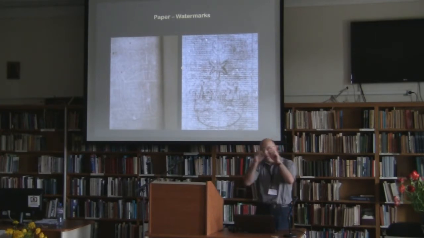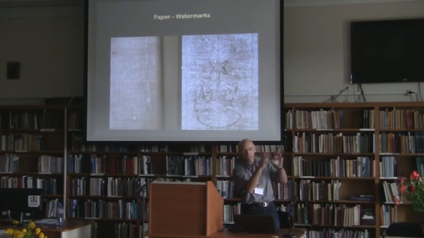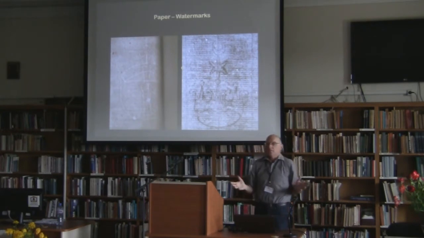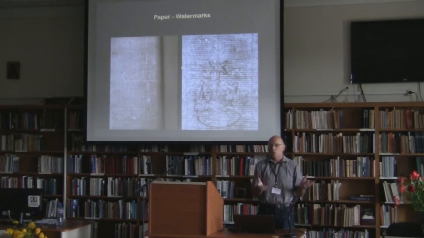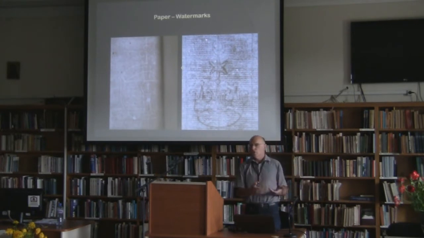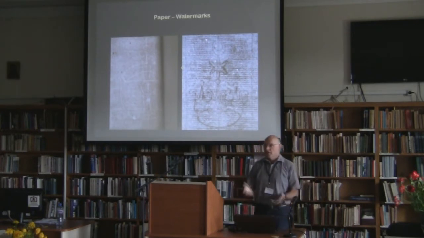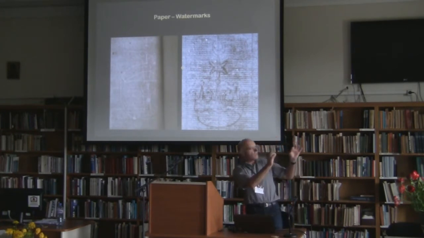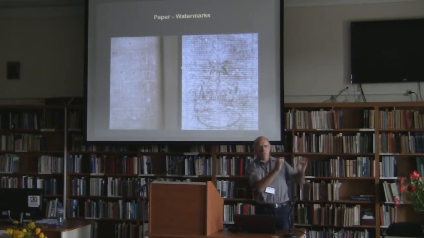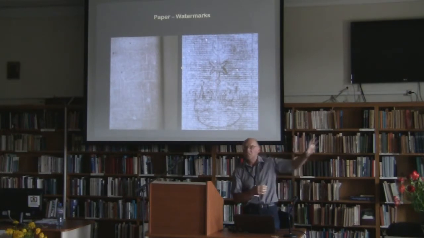If you have a paper and you see some interesting sign in it, for example a letter that is undated, or a piece of it, and you want to know the age, just have a look at the watermark, if there is one. Normally you hold the piece of paper against the light, and then you see it.